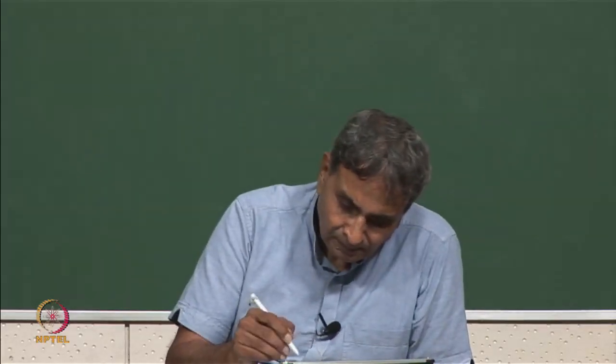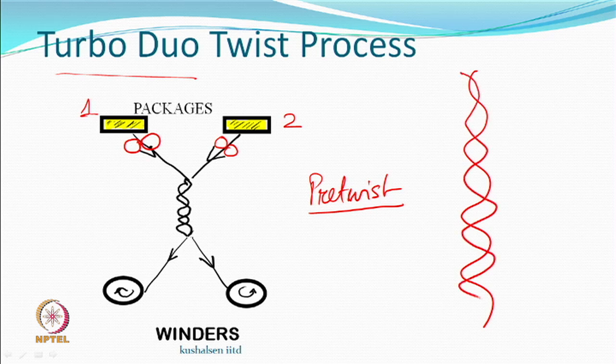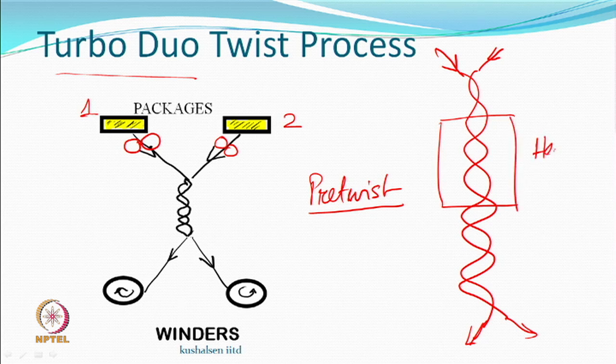So, now how do we do the smart thing? The smart thing would be that you have this, you are pulling, you are feeding, and in between when you think you have the right space, put a heater.